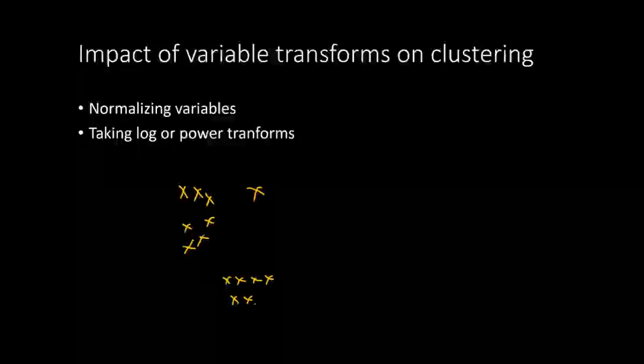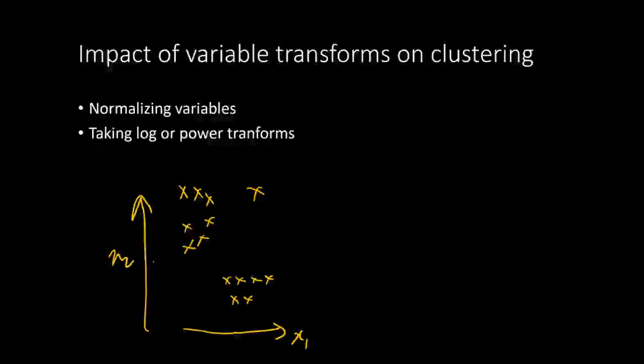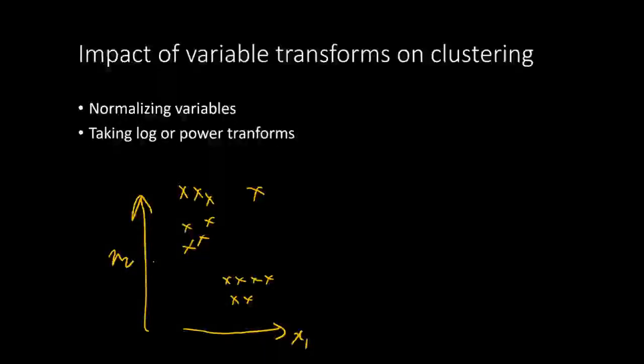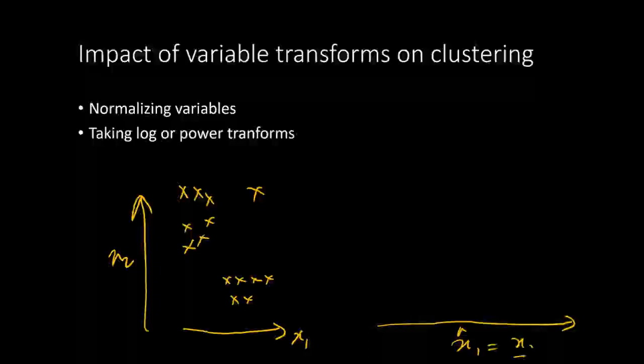This is my x1 axis and this is my x2 direction. Now for some reason, if instead of x1 I use x1 by 5, then my new x1 hat is equal to x1 by 5.